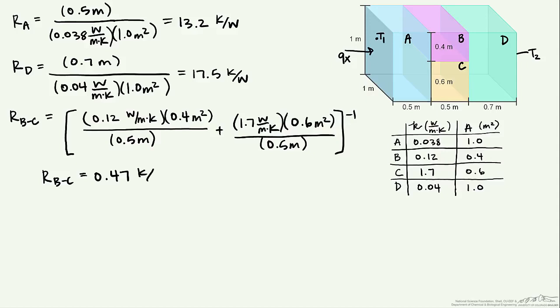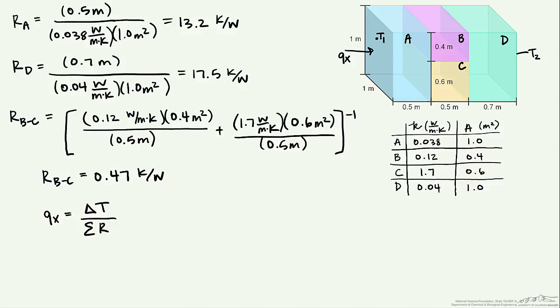And so when we calculate this, what we call equivalent circuit, we end up with 0.47 Kelvin per watt. If we want to calculate the heat transfer rate, that's just the difference in temperature divided by the sum of these resistances.